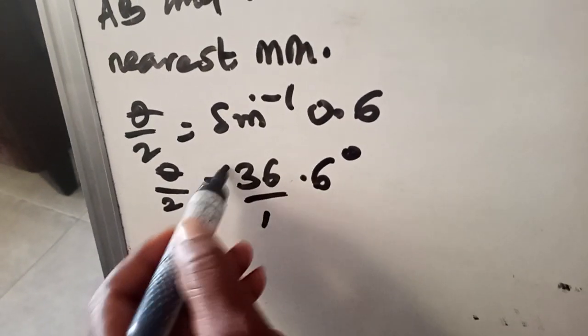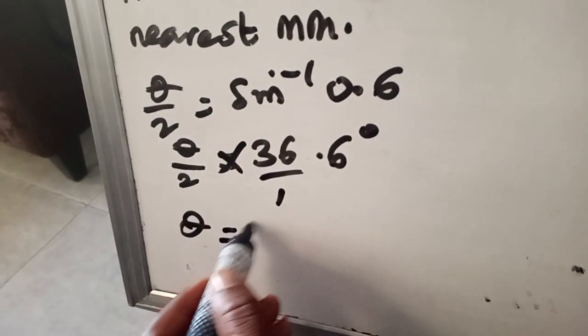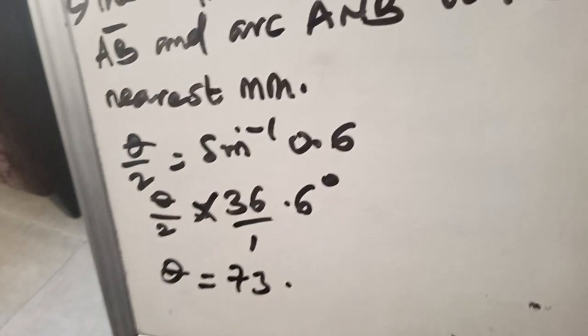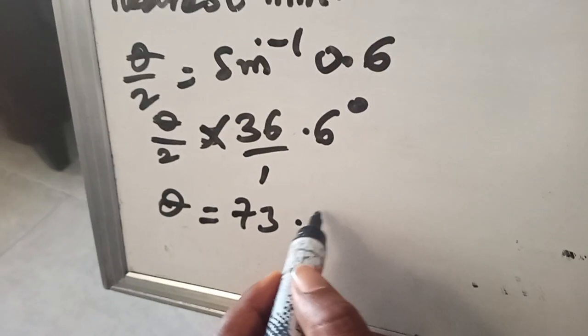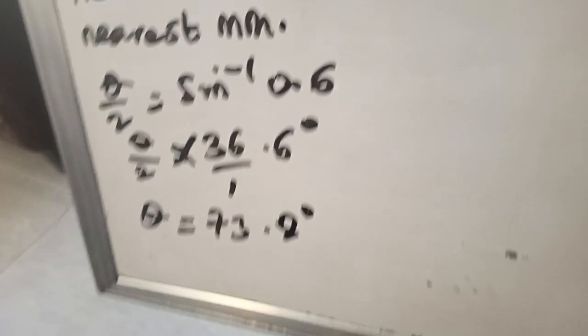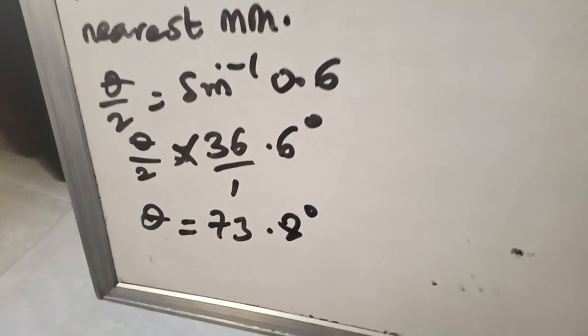Then by the time you cross multiply, you have theta equal to 73.8 degrees. So we have been able to get the angle at the center.